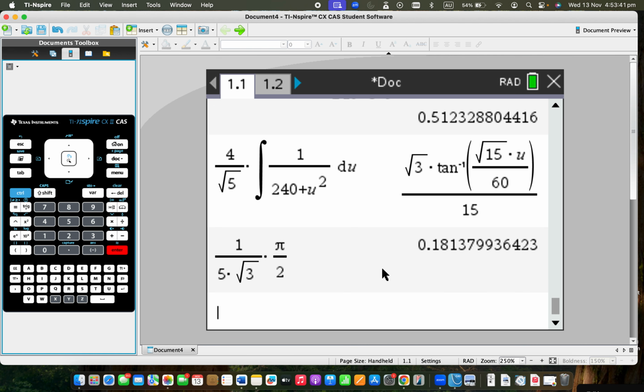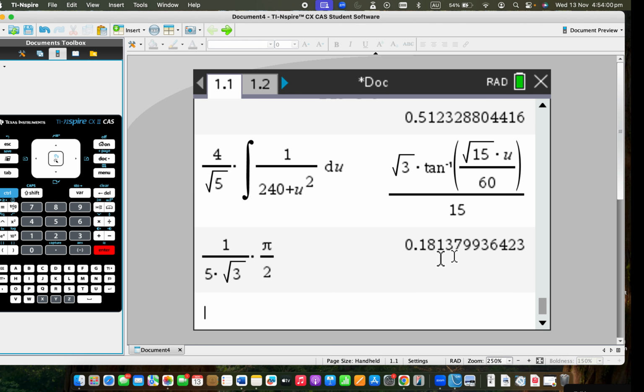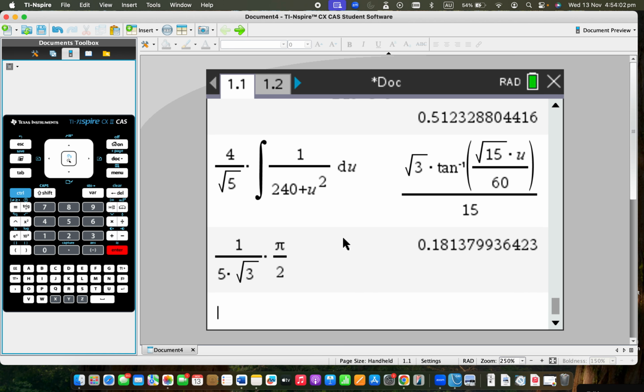So that's the volume as t approaches infinity. It goes to 0.18138. Now that means that the radius goes to, what does the radius go to?